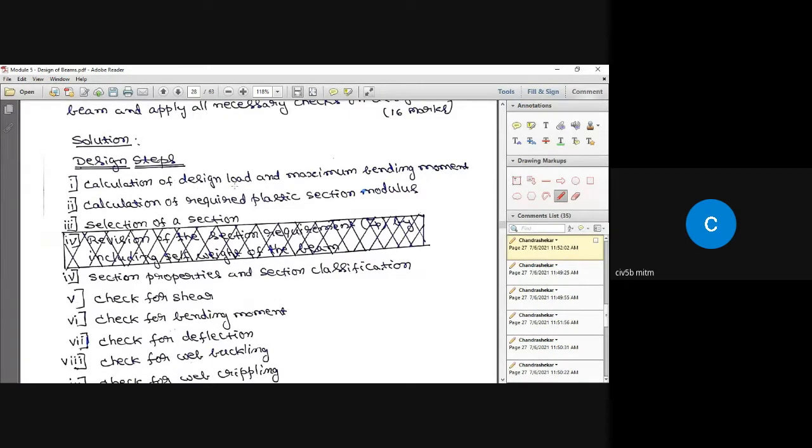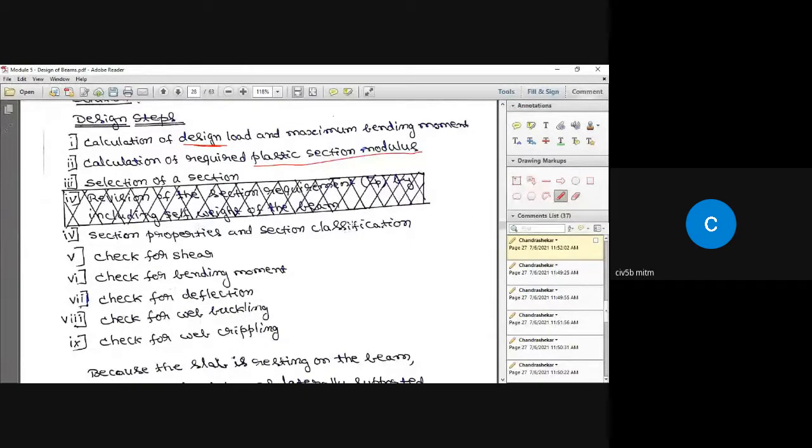Here we have to calculate the load coming on the beam. Then afterwards, once that is done, we need to find out the required plastic section modulus. Okay, that's what we did in the previous problem as well. Then afterwards, select a section from the steel table or from the code book, Annexure H on page number 138 and 139.